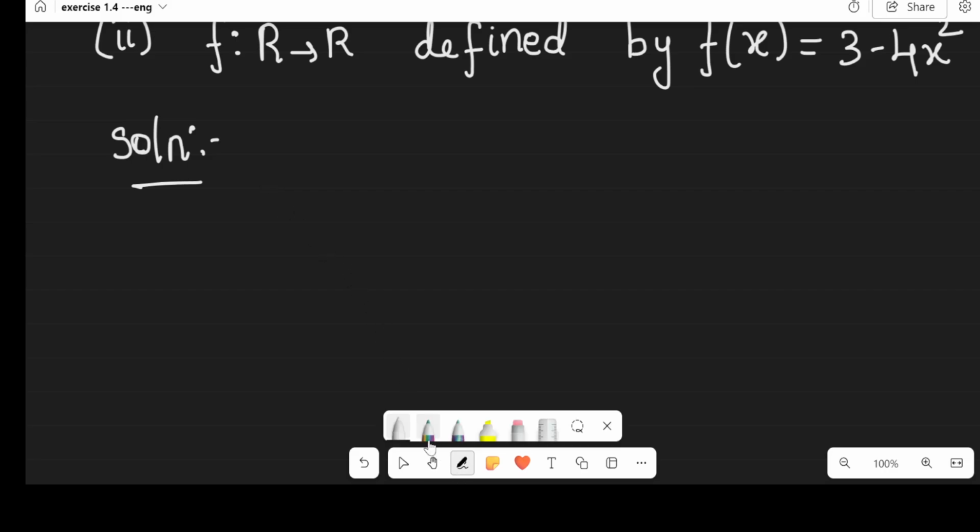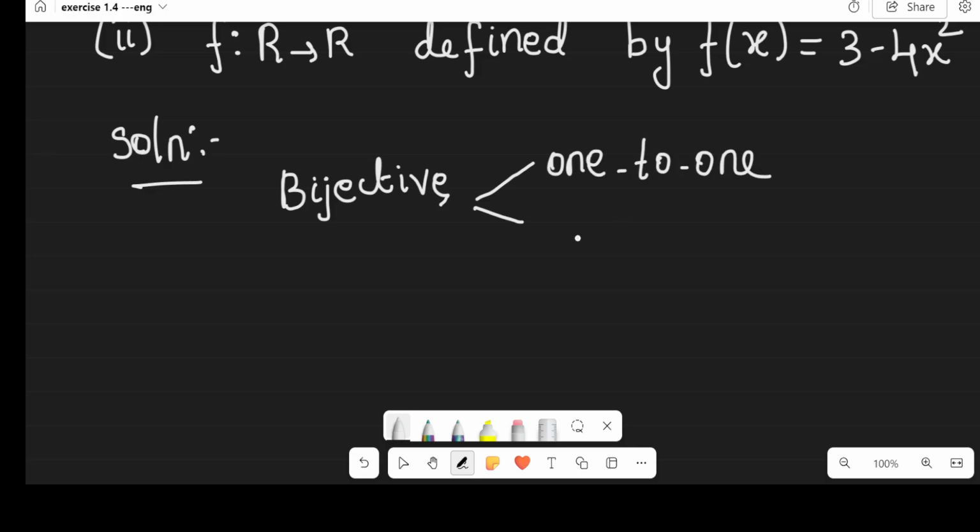If a particular function satisfies both one-to-one and onto conditions, then the function is called a bijective function.